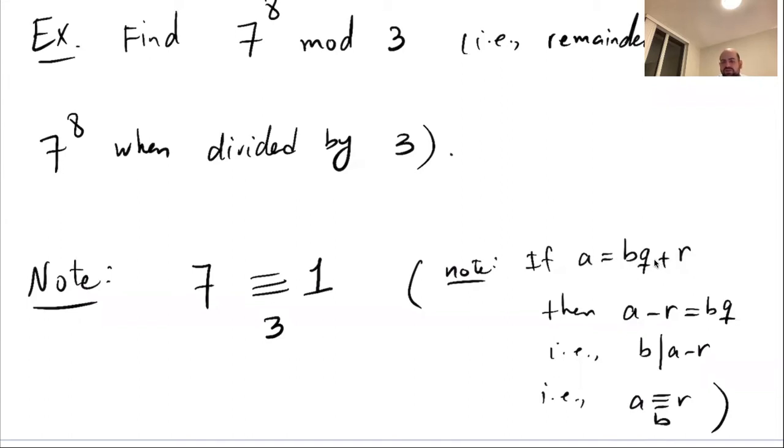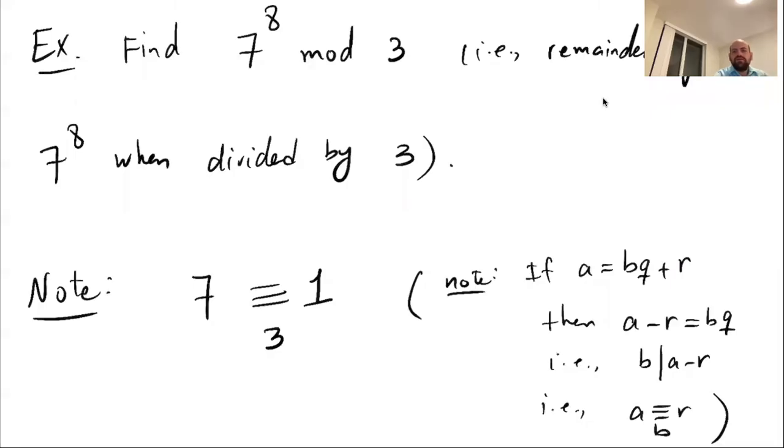That means A is equal to Bq plus r. So if I take this r to the other side, I get A minus r equals Bq. And A minus r equals Bq means B divides A minus r, right? Because if A minus r is a multiple of B, that means B divides A minus r. And B divides A minus r means A and r are congruent mod B. That's the definition of congruence.